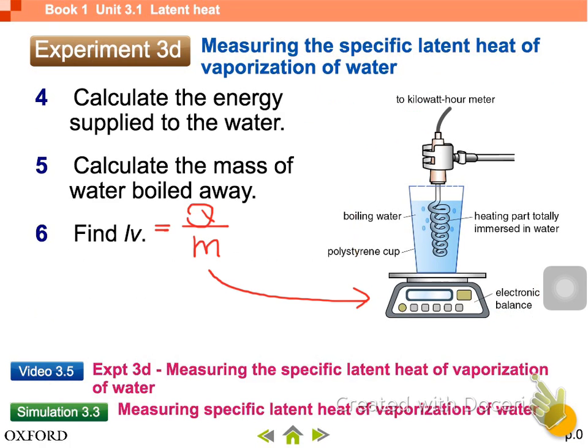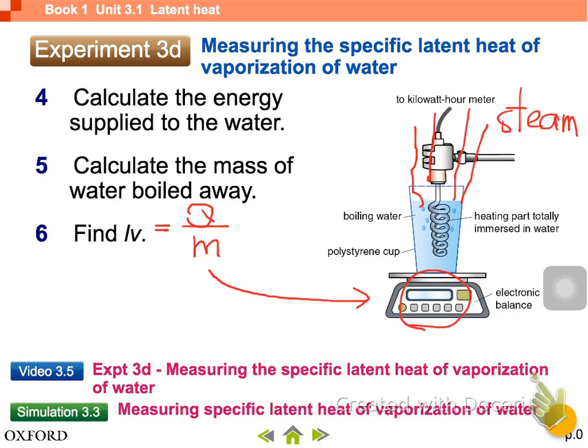Now remember that when the water boils, the water changes into steam. Then think about what will be the change of the reading from the electronic balance.